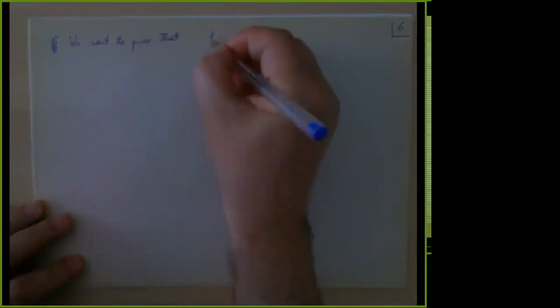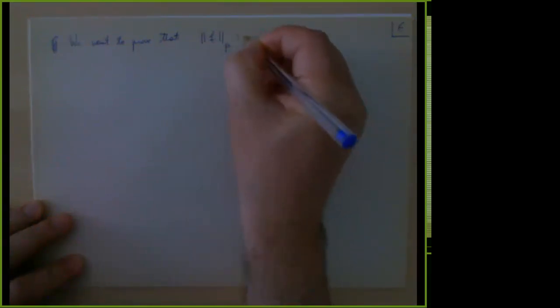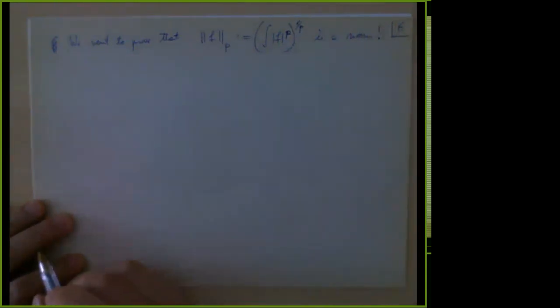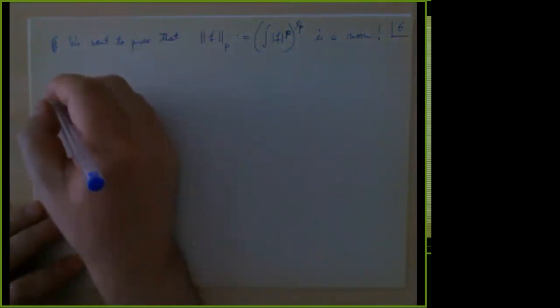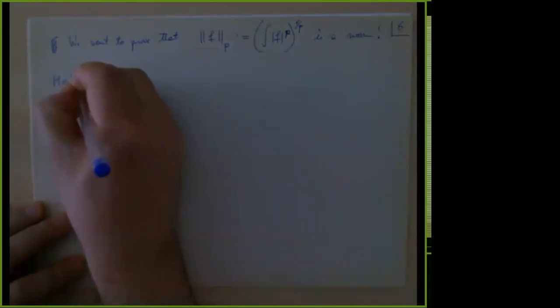So we want to prove that this notation that we have just used as notation up to now is indeed the norm. We want to prove this, and the answer comes from a very famous inequality, which is the Minkowski's inequality.